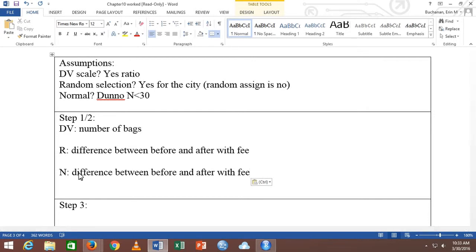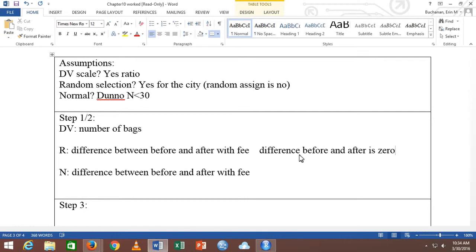Okay, so the fee is kind of what they're manipulating, but they're using before and after as a way to see if that fee is effective. And then the population would be the difference before and after is 0. So remember we assume usually that mu is 0.